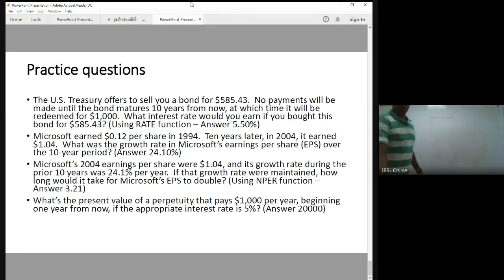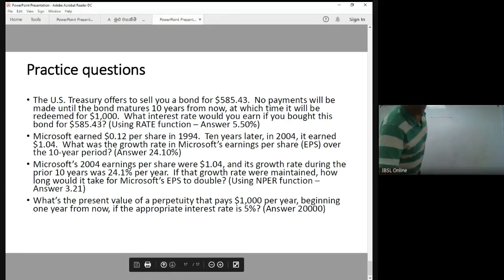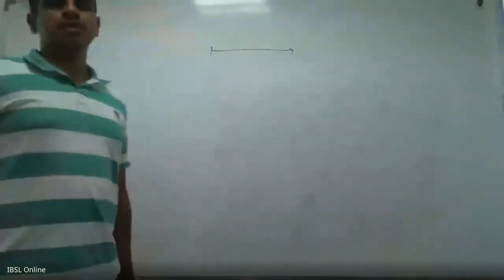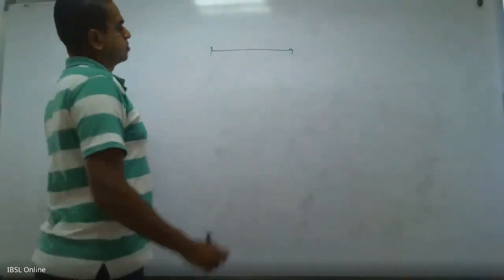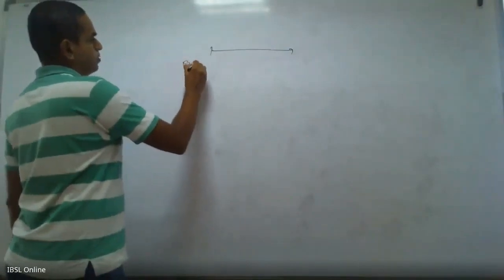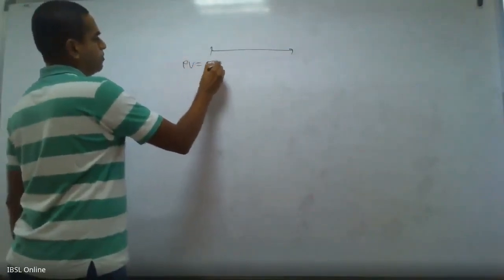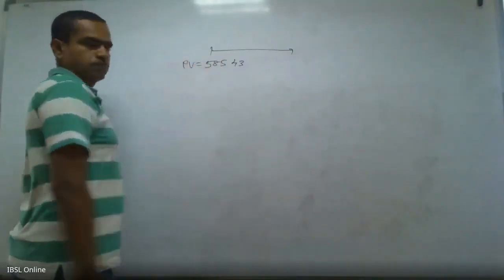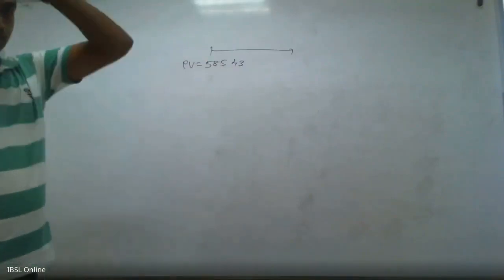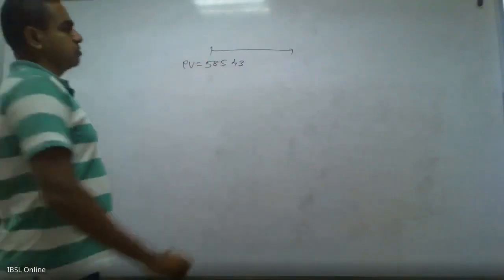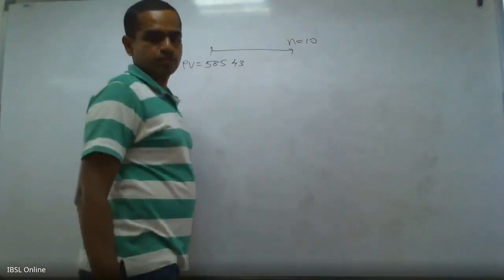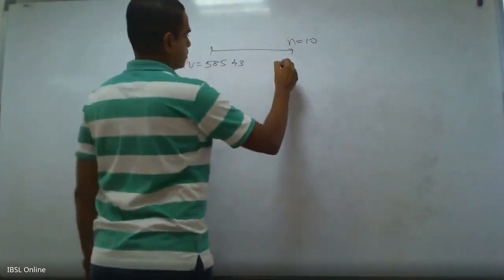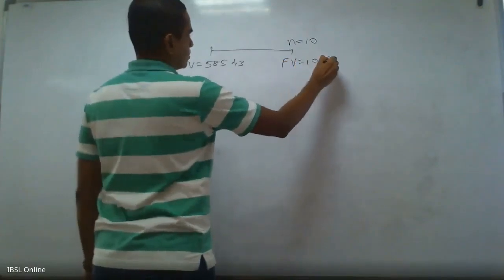So let's draw the diagram. It's always easier if you can draw a timeline. Present value. You're buying it today for 585.43. It matures in 10 years. It will be redeemed for $1,000.